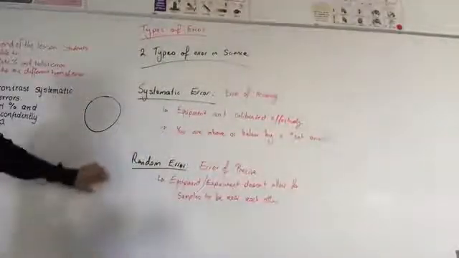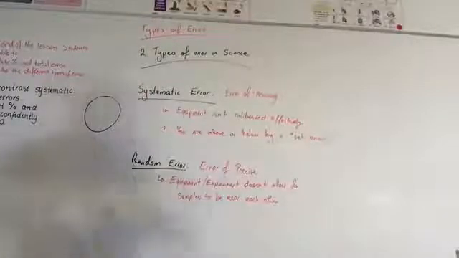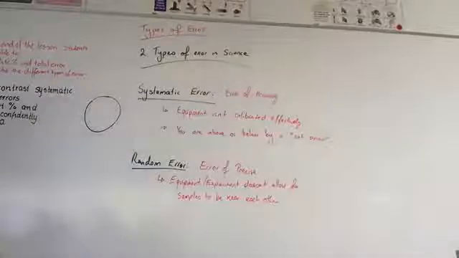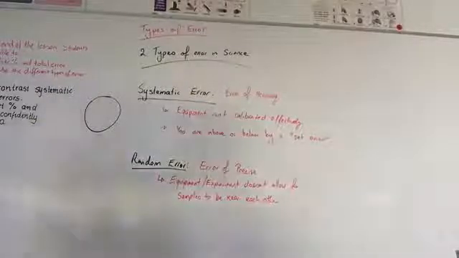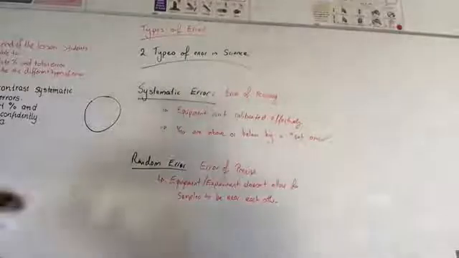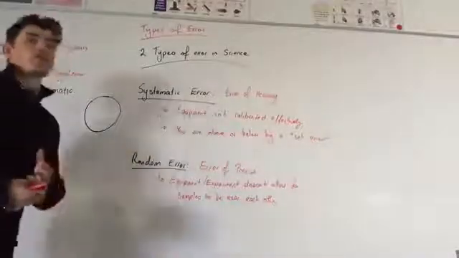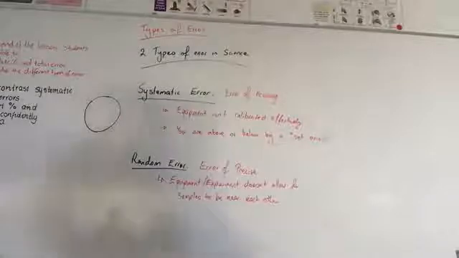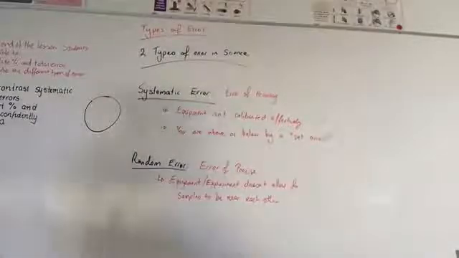So if at any point in time in an investigation you've identified a random error as a problem, an improvement should involve completing more trials. Fixing systematic errors is a little bit more tricky because you need to know what you're expecting.